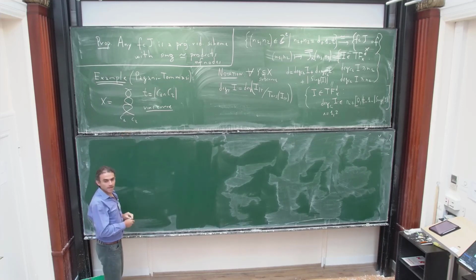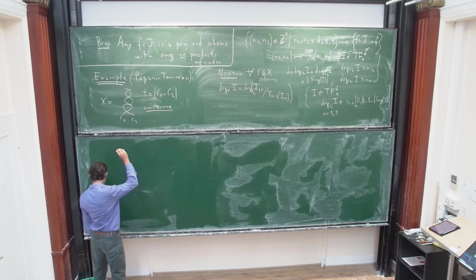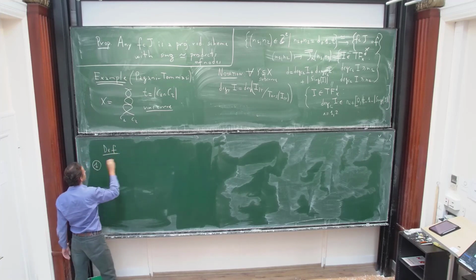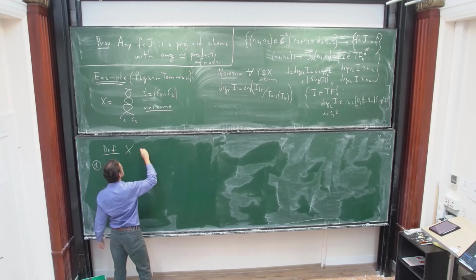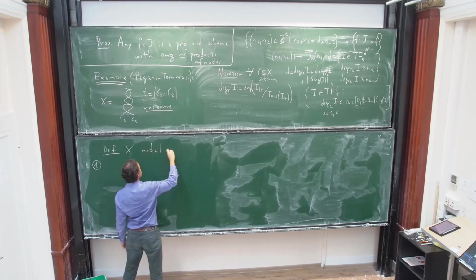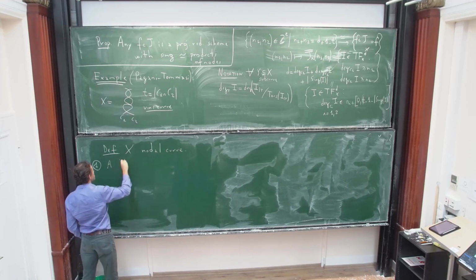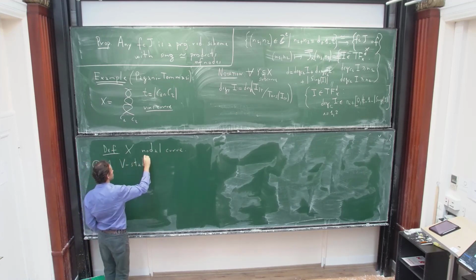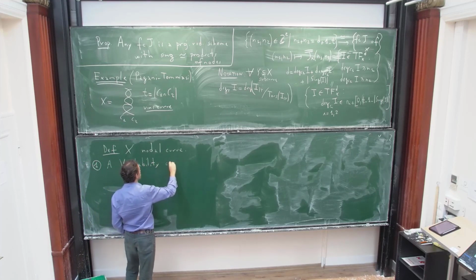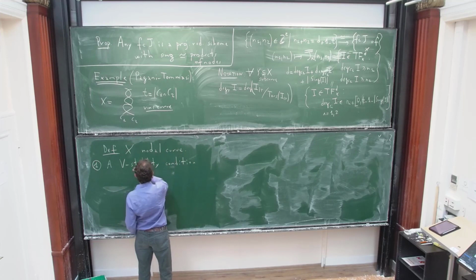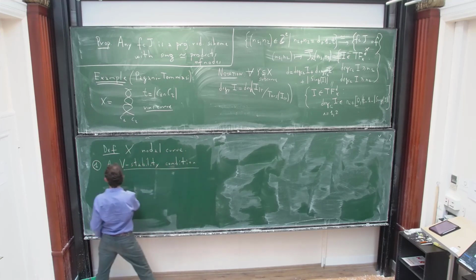Yes. Now, this is the key example. Now I introduce the following definition. So X is an arbitrary nodal curve, and I say that the stability condition, V stands for Wien curves, is the following.